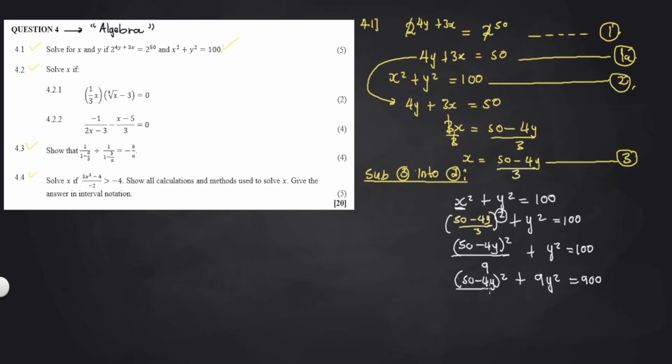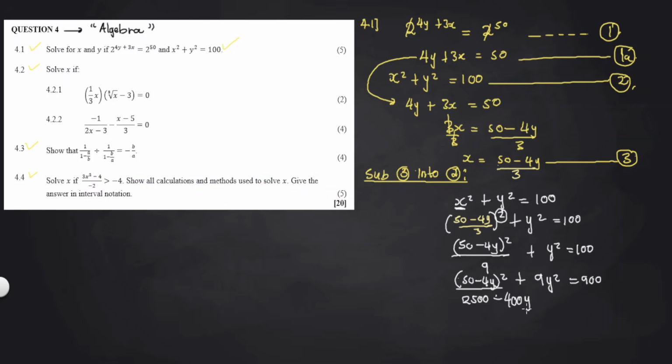Alright, so then we create 2 brackets and FOIL. So 50 times 50, that is 2500. Then 50 multiplied by 4, multiplied by 2, that is 400. Remember, I'm foiling at this time. Oh, my bad, it's supposed to be 50 times 4 times 2, that's 400, not 4000.